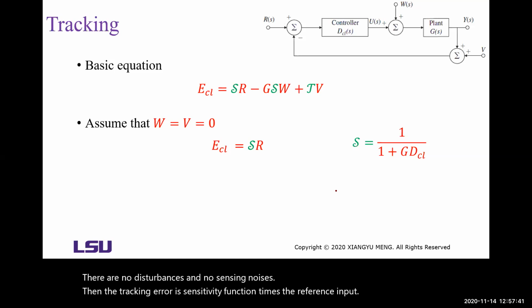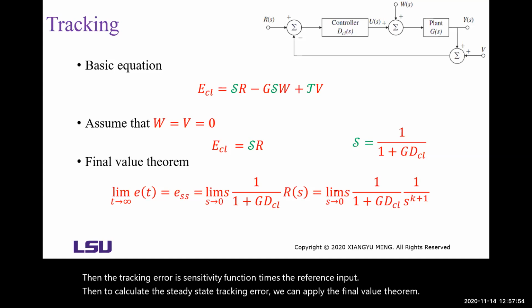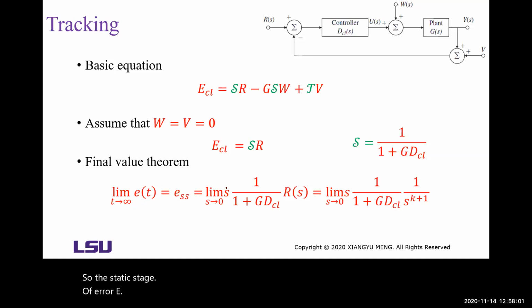Then to calculate the steady-state tracking error, we can apply the final value theorem. So the steady state of the error e is s times the sensitivity function times the reference input.